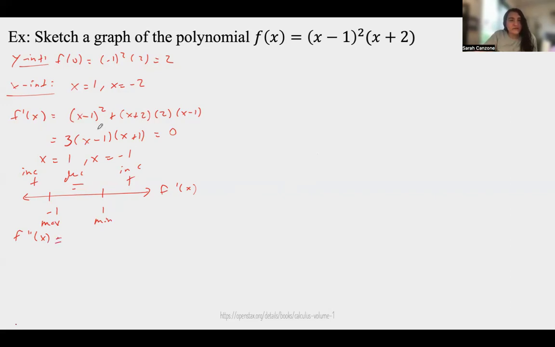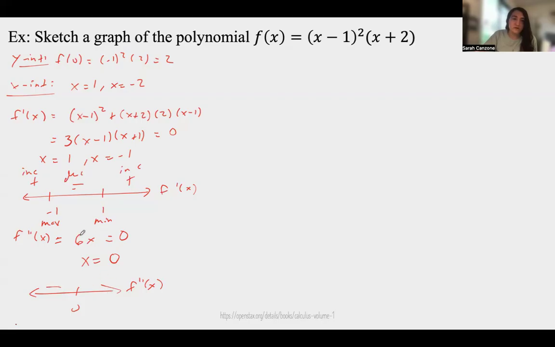All right, the second derivative is going to be the derivative of this guy, and I will just tell you it is 6x. If you set that equal to 0 and solve, you get that x is equal to 0. So we again want to create a number line, test some points. This is the second derivative. This one's even easier. Plug in -1, negative times positive is negative.